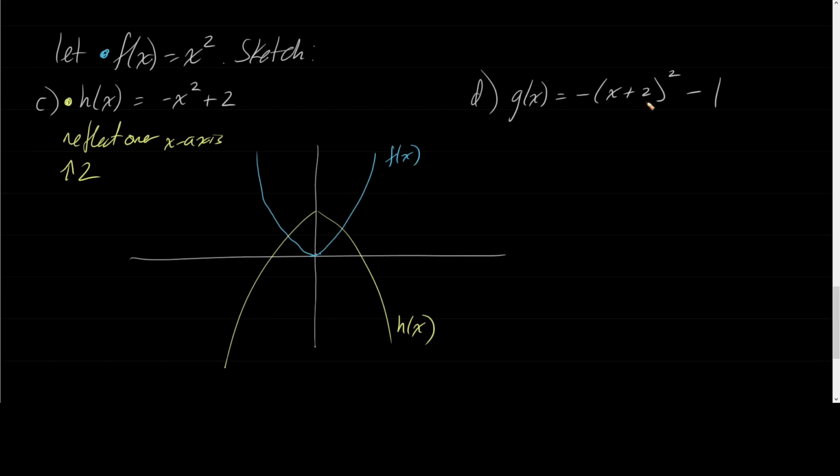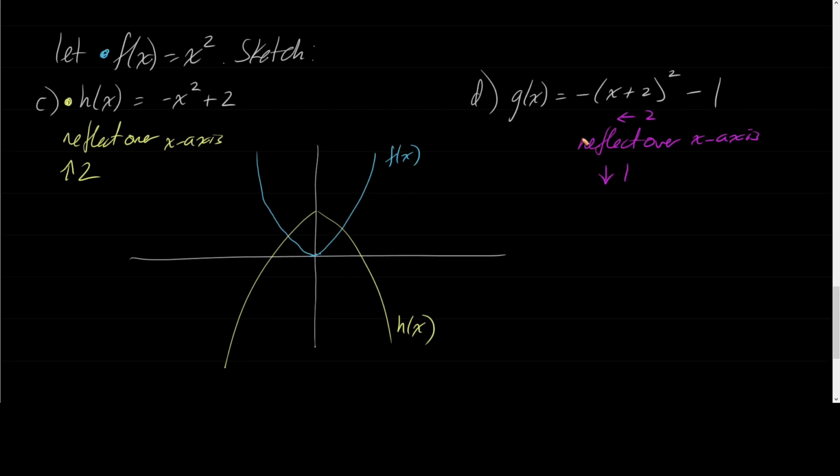We have this plus 2 is going to shift everything to the left by 2, right? So this is to the left by 2. Then we're going to reflect over the x-axis, and then we're going to go down by 1. All right, so that's what we're going to do for this transformation.